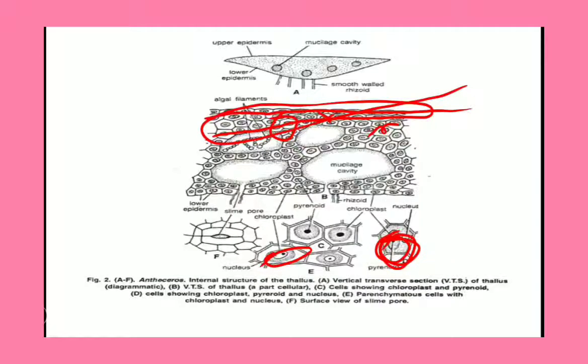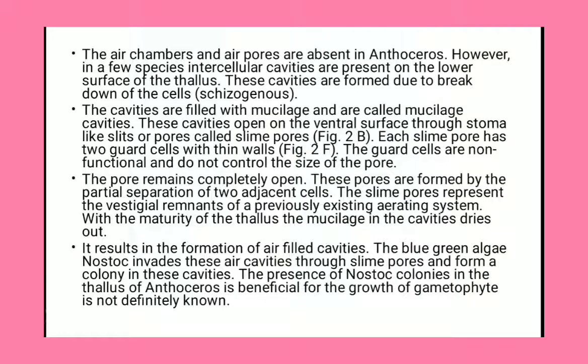You can see this is the mucilaginous cavity, and this cavity opens on the ventral surface, through stoma-like slits or pores called slime pores. Each slime pore has two thin-walled guard cells, and the guard cells are non-functional and do not control the size of the pore.